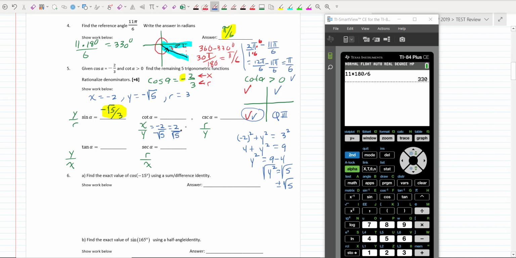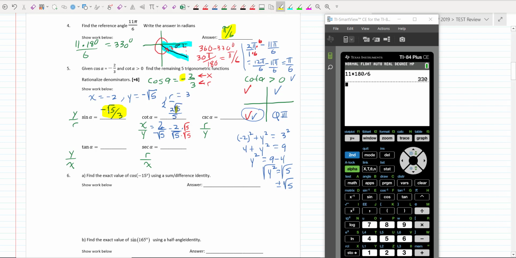Then you can rationalize the denominator by multiplying by root 5, so you would have positive 2 root 5 over 5 as the rationalized answer. I'm going to write that a little clearer: positive 2 root 5 over 5.